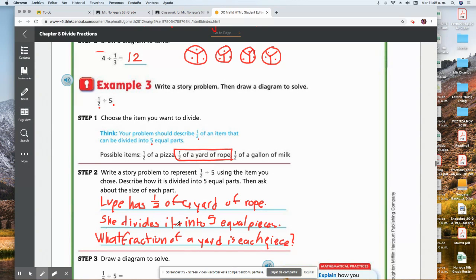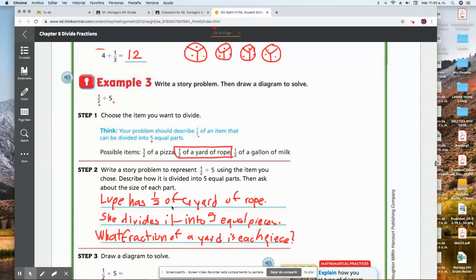Okay, so this would be the word problem that goes with my number sentence, 1/2 divided by 5.